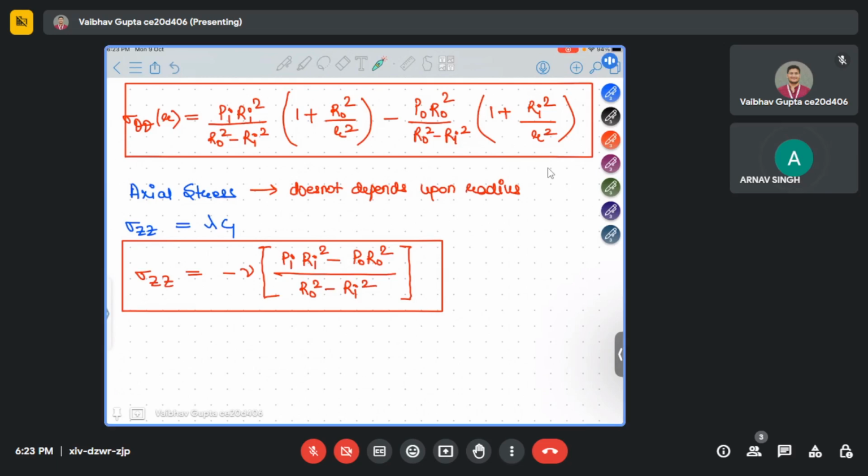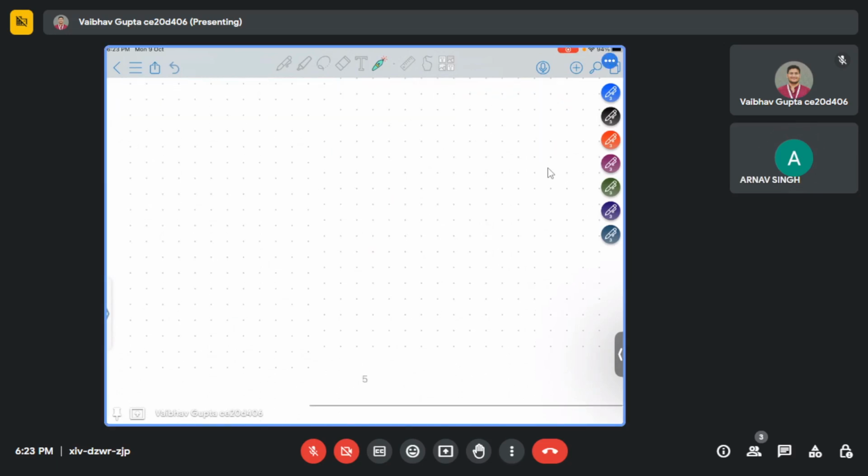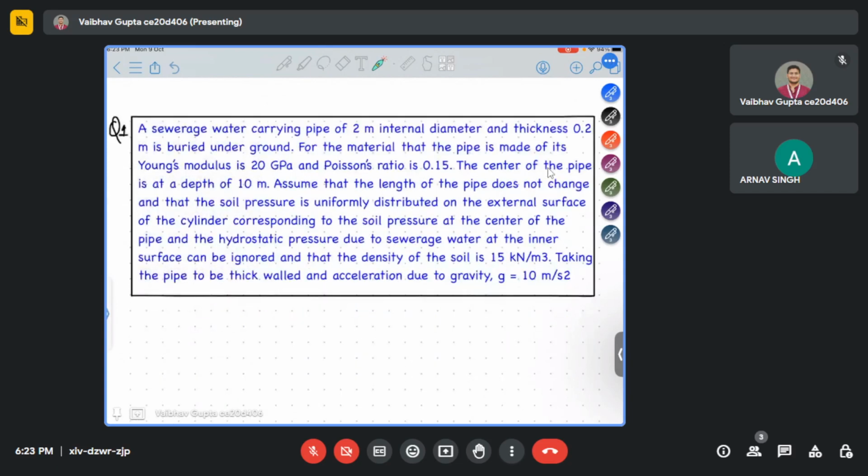Okay, now we'll move on to the question part. The question states that a sewerage water carrying pipe of 2 meter internal diameter and thickness 0.2 meter is buried underground. For the material the pipe is made of, its Young's modulus is 20 GPa and Poisson's ratio is 0.15. The center of the pipe is at a depth of 10 meter.